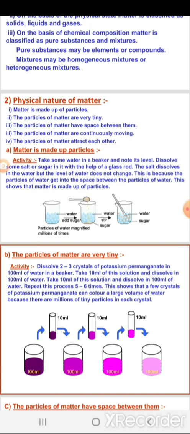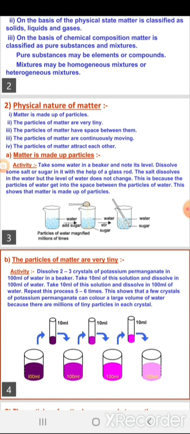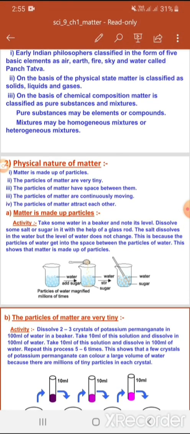Example, alloy. Heterogeneous mixtures are those which are not evenly spread. That means the composition of solute and solvent varies every time. For example, chalk powder in water.